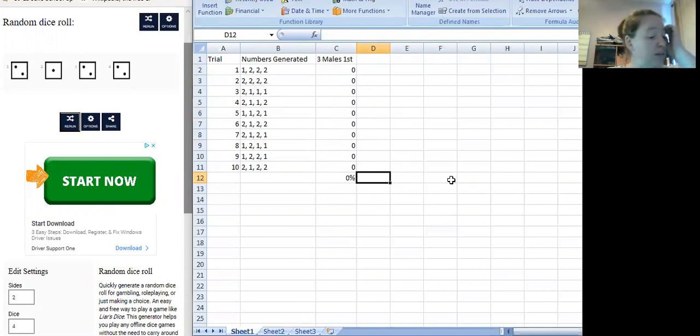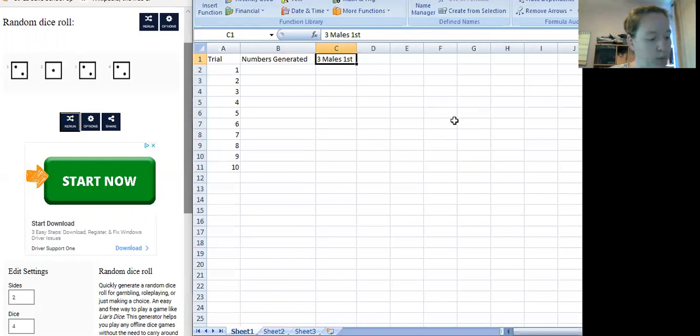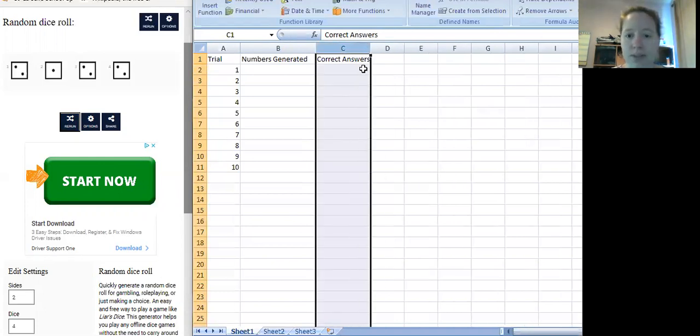So let's go down to number 2 at the bottom of 419. I'm going to erase this information because we don't need it. We still have 10. And I'm going to change this to correct answers. Now, what are our options?